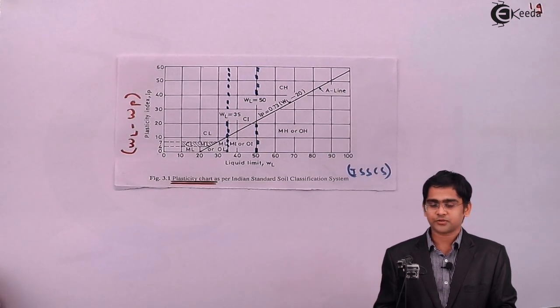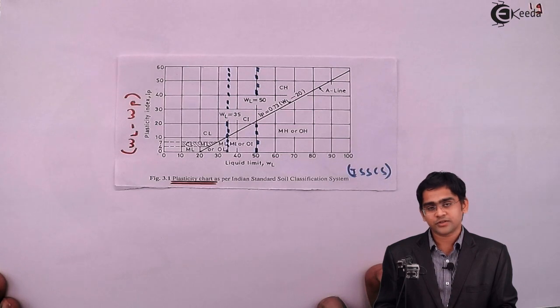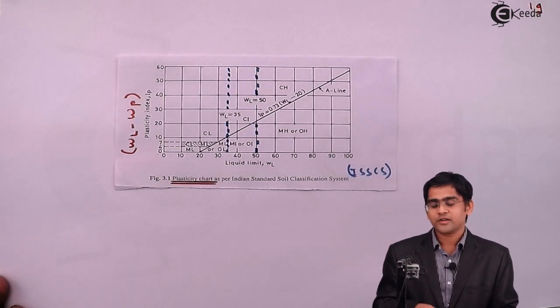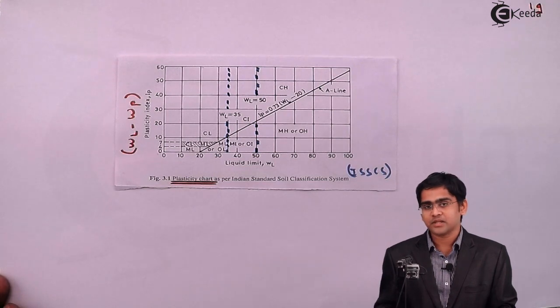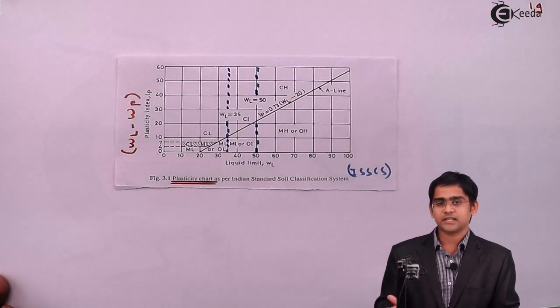It gives us an idea of how the soil will behave in the field, but it truly doesn't eliminate the extensive usage of ground investigation. So remember, ground investigation, in which you take a borehole and take a representative sample and correlate it with all these index properties, and you try to find a balance between these index and engineering properties.